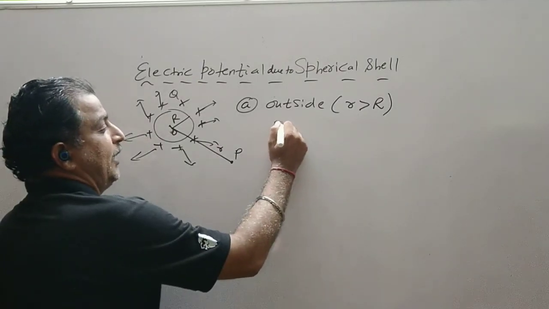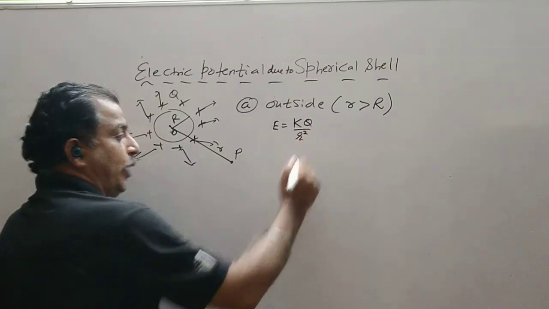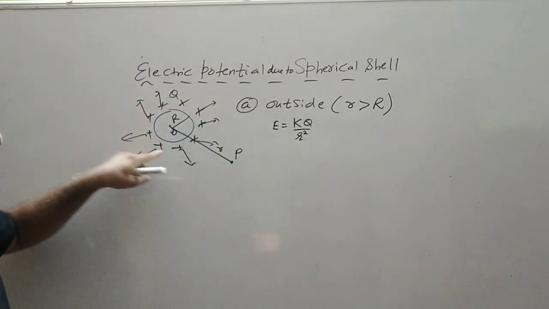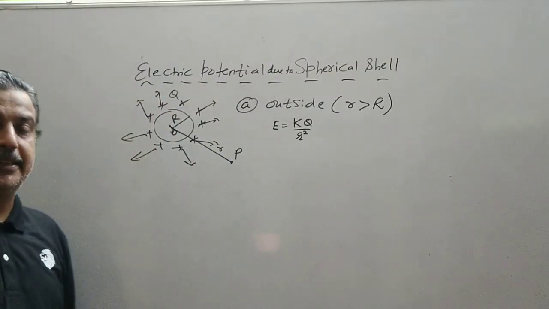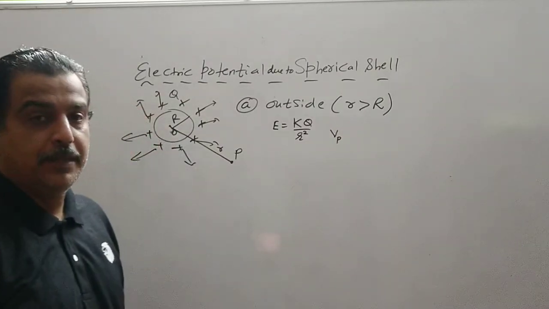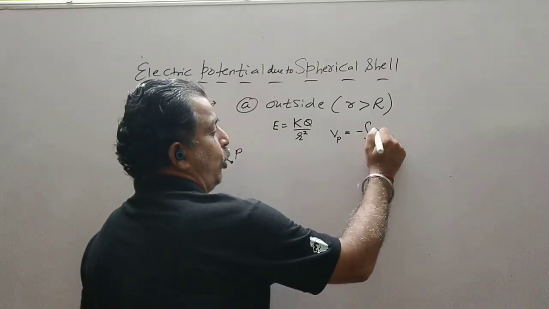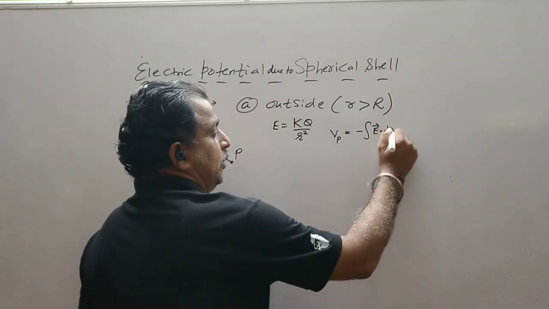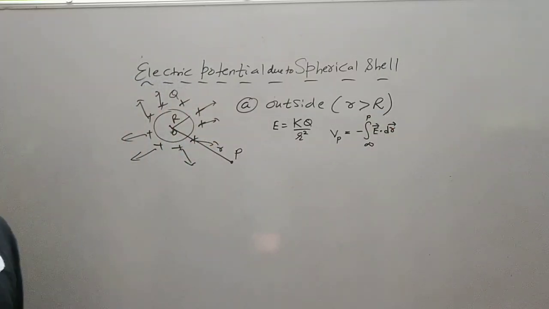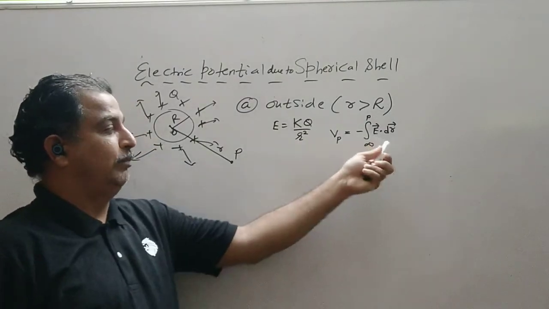So electric field intensity at point P is kq upon r square, as the entire charge was assumed to be concentrated at its center. Now if I want to find out the potential at point P, it should be the minus integration of E dot dr from infinity to point P. Now 1 upon r square integration will be minus 1 by r.